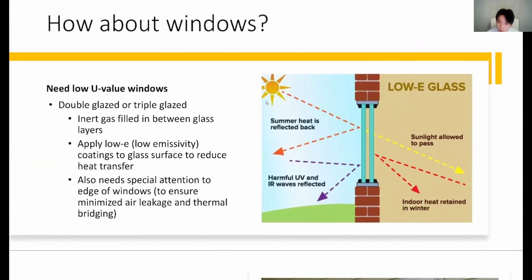And now we talked about wall assemblies. As I mentioned before, fenestration, also known as windows, are also part of our wall assemblies. Because a window is a special element, we need to pay actual attention to it, because it's completely different from the other components that we talked about, right?